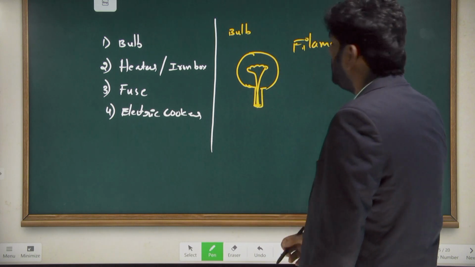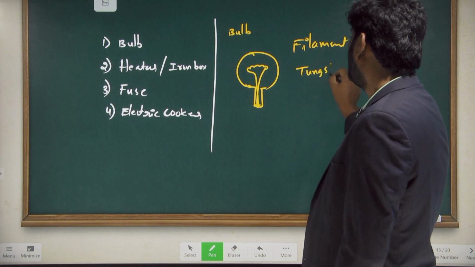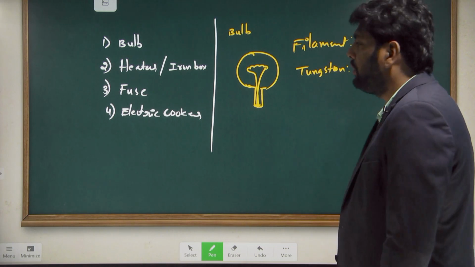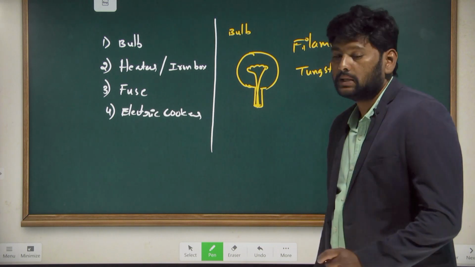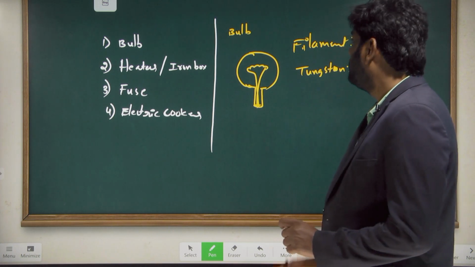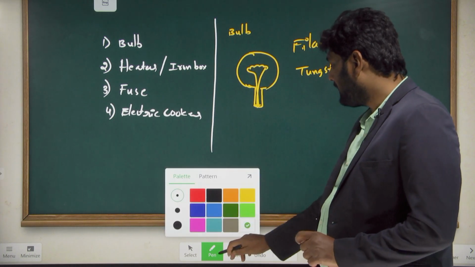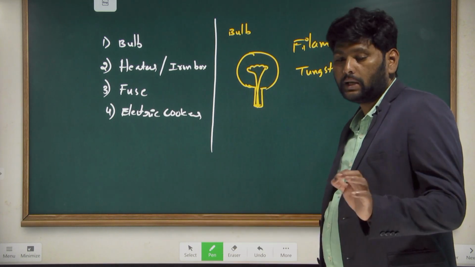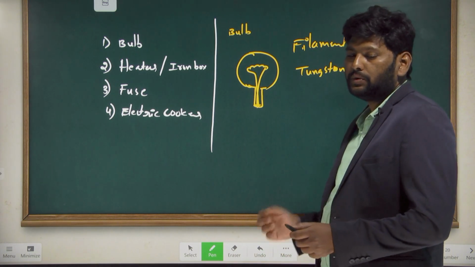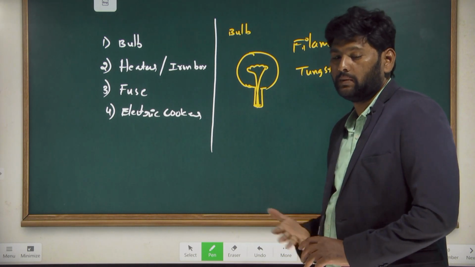This filament is generally made of tungsten. The filament is made of what material? Tungsten. Why do we prefer tungsten as a filament? Because this bulb works on the electric heating effect of electric current, which means that when you pass electricity, it will produce heat and also light.